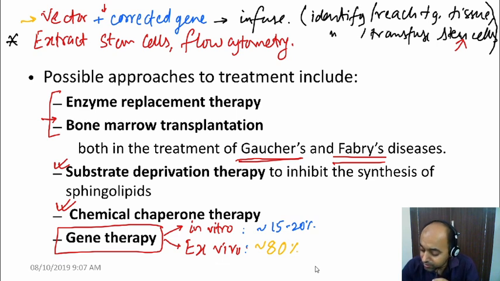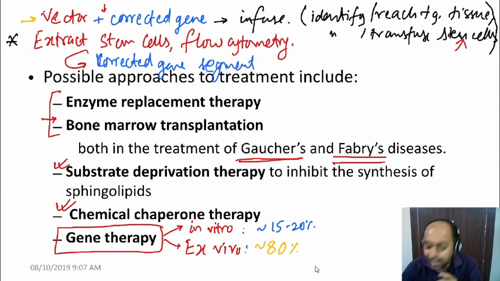So now once you've extracted the stem cell, we introduce, not the vector, we add the corrected gene segment. Various modalities are in use to add this gene segment. For example, we can use the traditional vector approach.